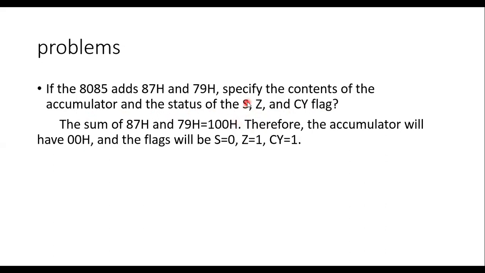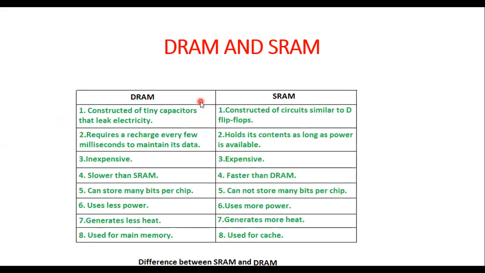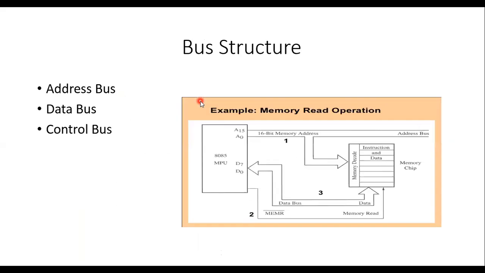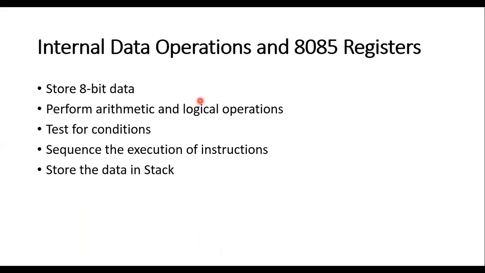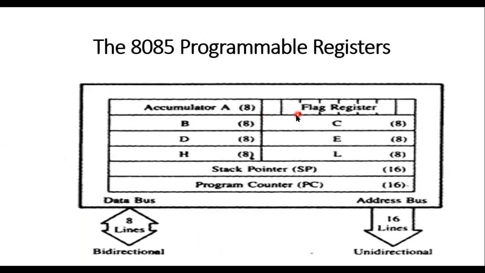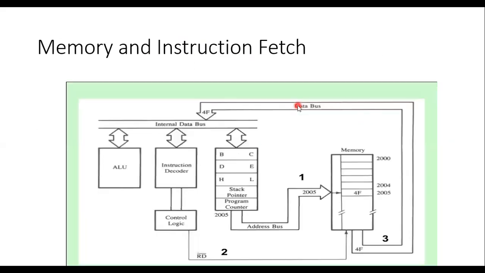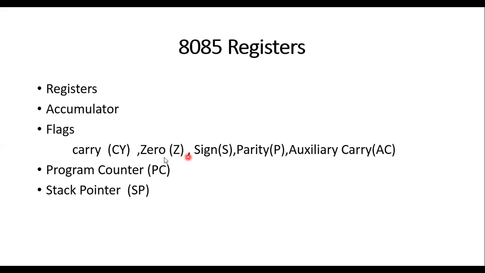So already I have explained what is a sign flag, zero flag, carry flag. So the flag register of the MPU consists of various flags. It is the carry flag, zero flag, sign flag, parity flag, auxiliary carry flag.